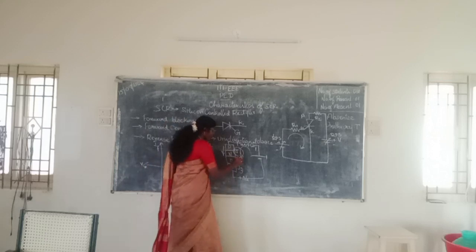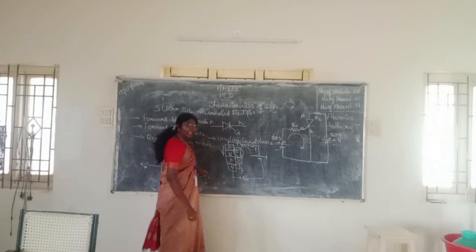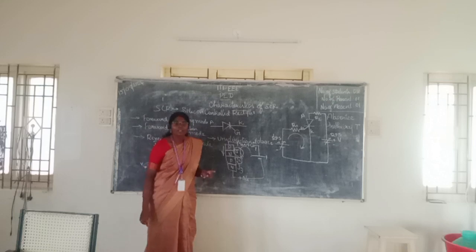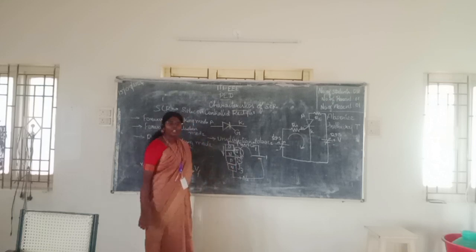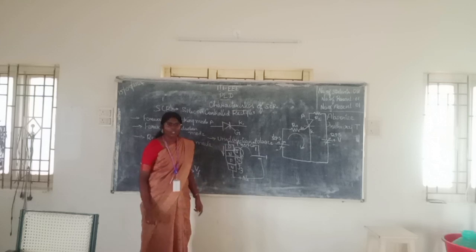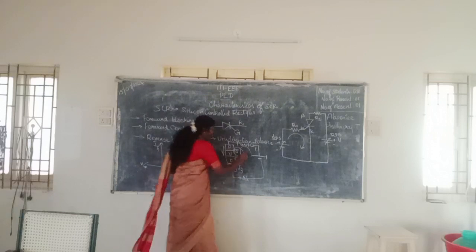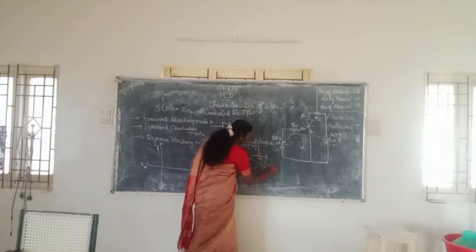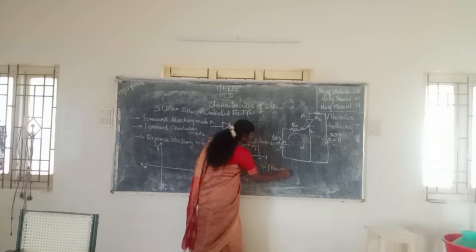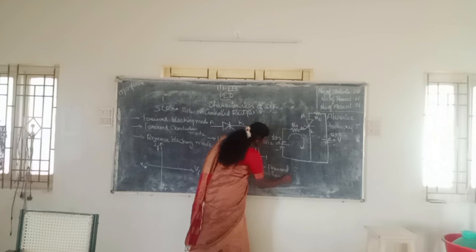Whereas when you consider junction J2, it is NP. NP, as in the case of a diode, means reverse. That's it. Junction J2 is in the reverse bias condition. And what about junction J3? It is PN, which is forward bias. So you have to mention that junctions J1 and J3 are in the forward bias condition, and junction J2 is in the reverse bias condition.